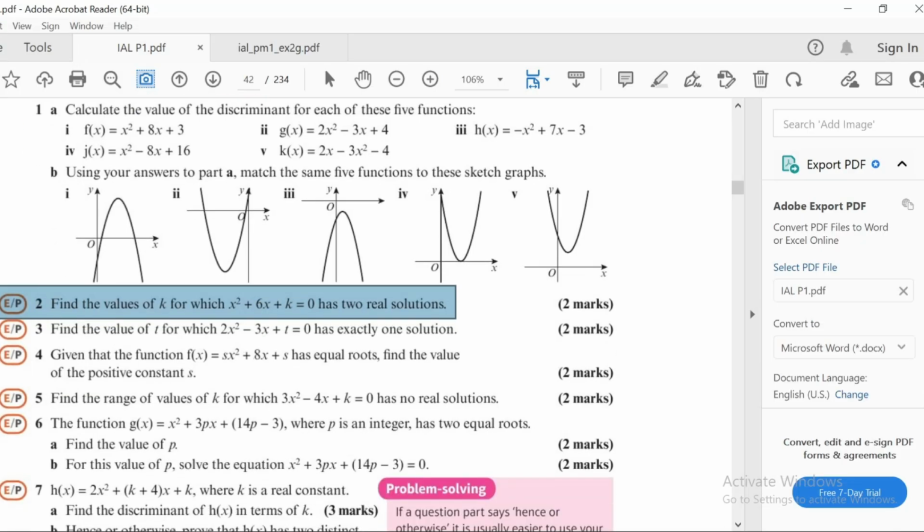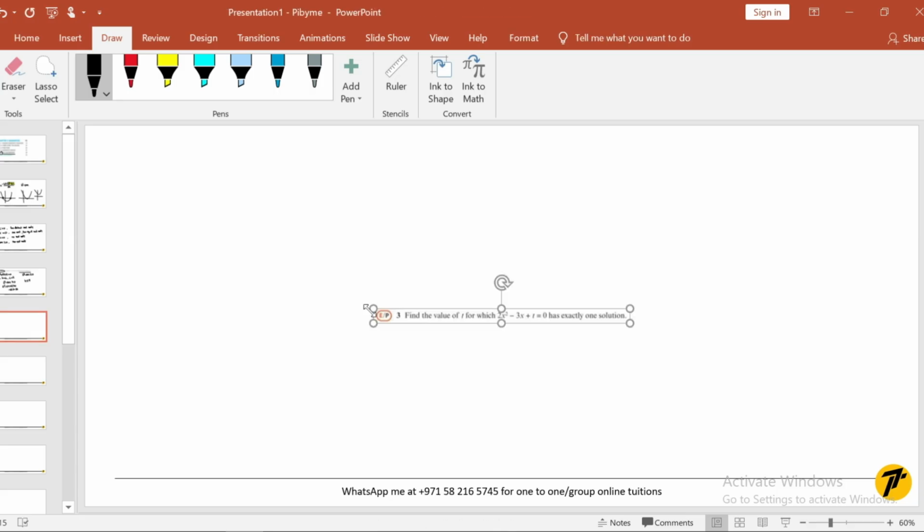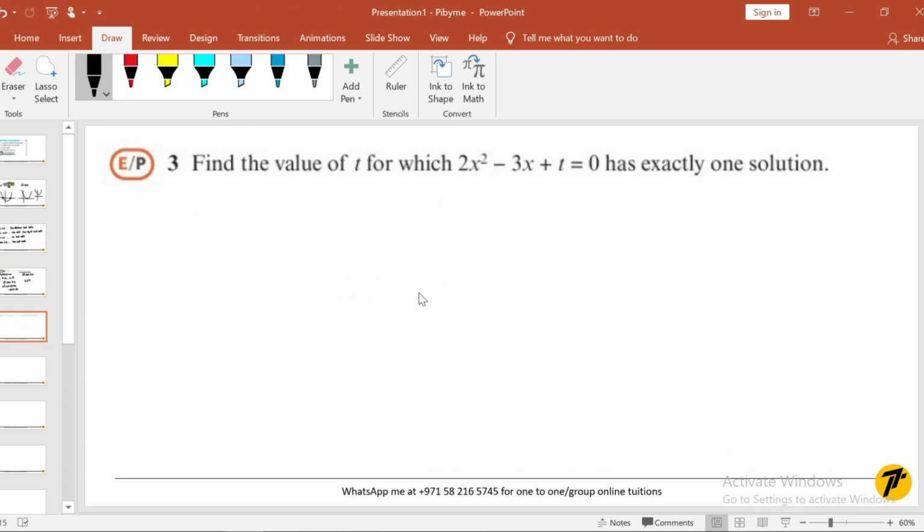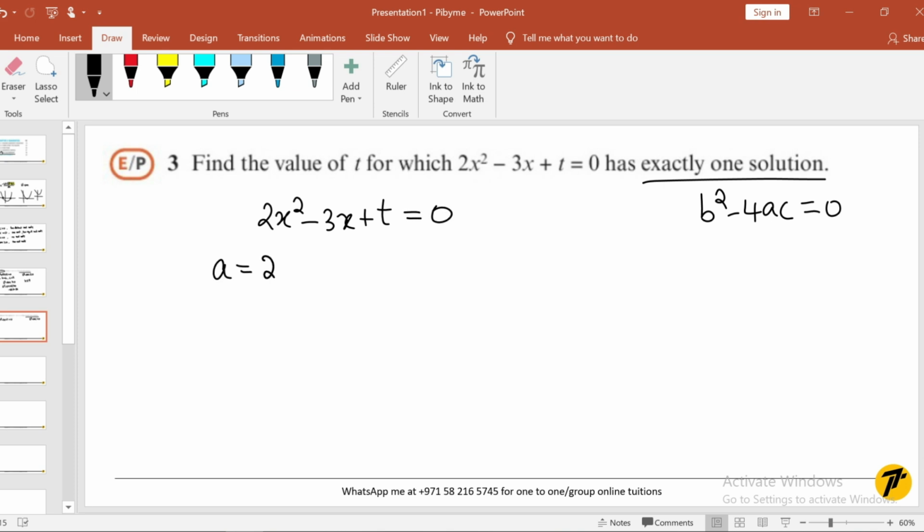So I'm going to show you one more question from the same exercise. Let's look at this question now. Question number 3 says, find the value of t when this function has exactly one solution. So the condition is b squared minus 4ac is equal to 0. Take the function 2x squared minus 3x plus t is equal to 0. a is equal to 2, b is equal to negative 3, c is equal to t.